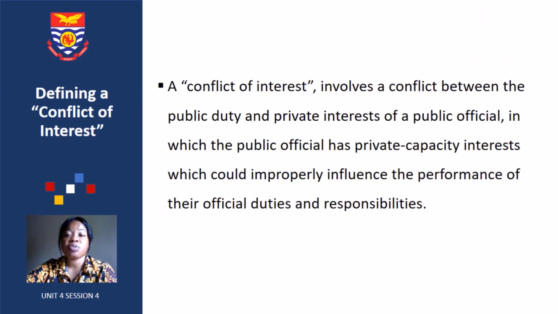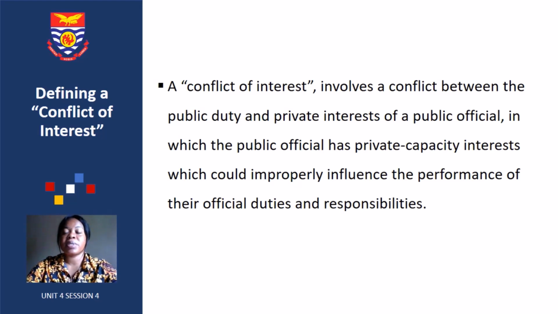A conflict of interest involves a conflict between public duty and private interest of a public official, in which the public official has private capacity interests, which could improperly influence the performance of their official duties and responsibilities. So here, your public duty is your responsibility to the organization.